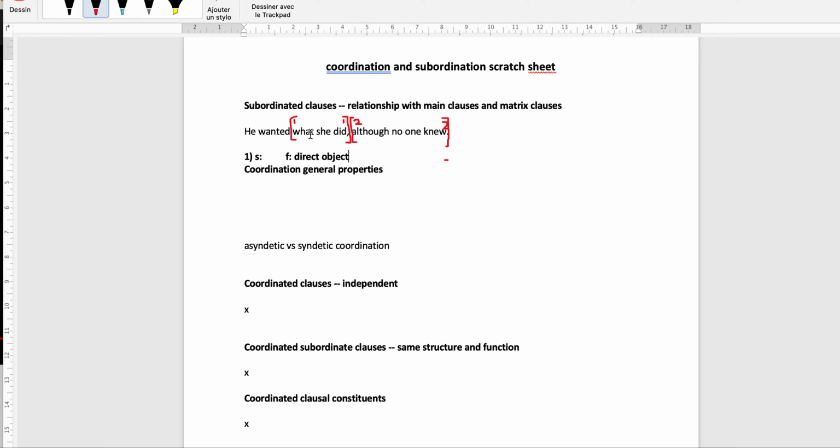And as we've seen, this usually corresponds with what we call a nominal relative. That means we should be able to rewrite this WH word as a relative clause with a hidden antecedent, which means we would rewrite this as he wanted the thing that she did. So that works. So that means we are going to have a nominal relative.